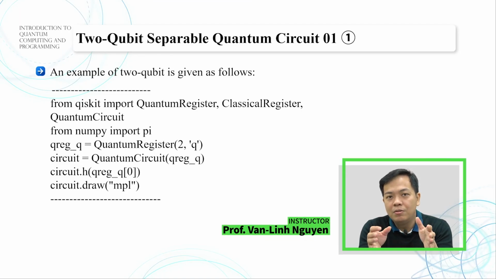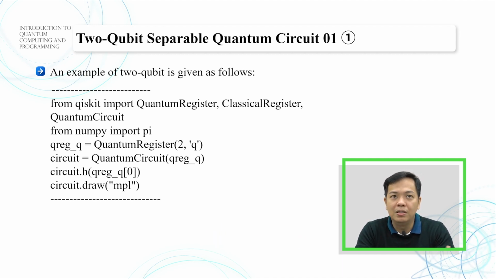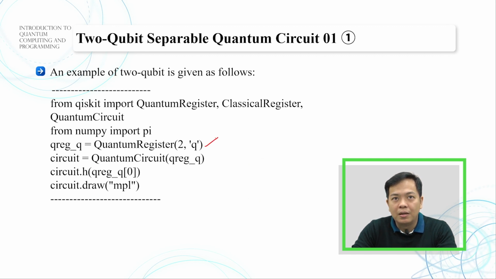Okay, to simulate how 2 qubits are separate from each other, we can use this code. You register 2 qubits, insert them into a circuit, and initialize and visualize it in matplotlib. And you see over here we have the important part. We insert the quantum register, and we insert these 2 qubits.